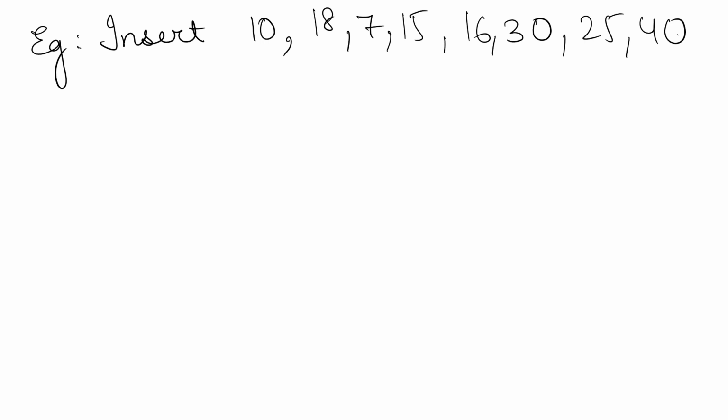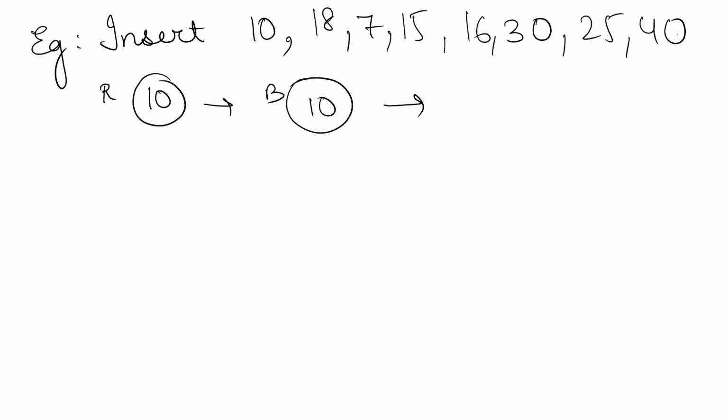First of all, we'll insert 10. We have to remember that whenever we insert any node, it will be taken as red if it's a leaf node. Now we have neither a left child nor a right child. But as we can see, it's the root node, so we can't have it as red. So we'll convert it to black.